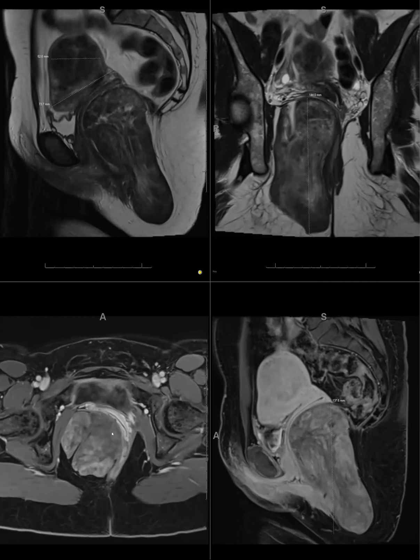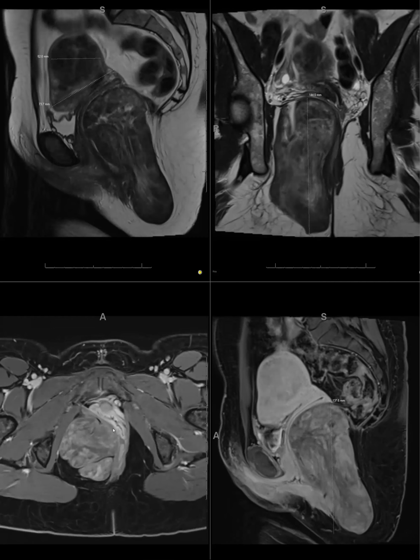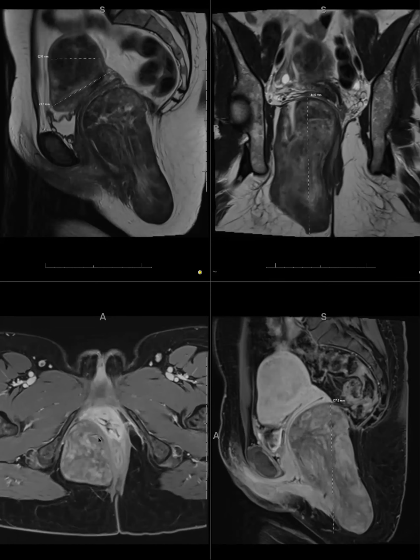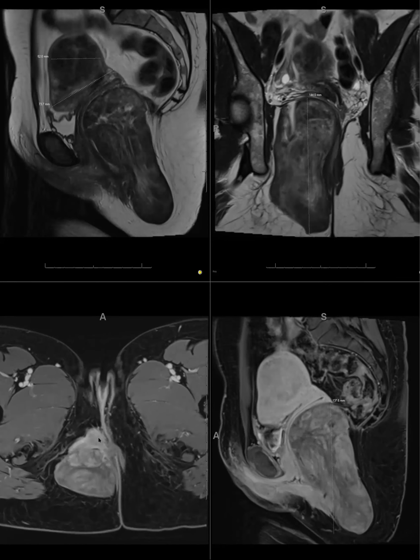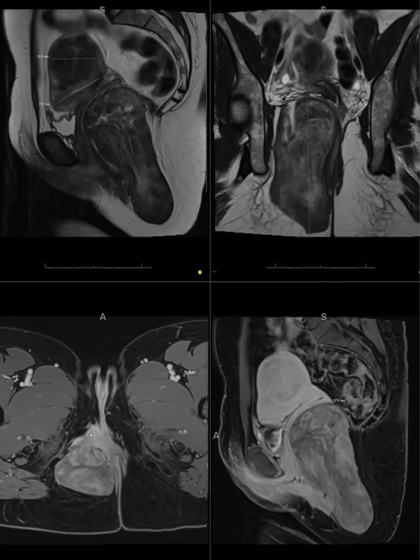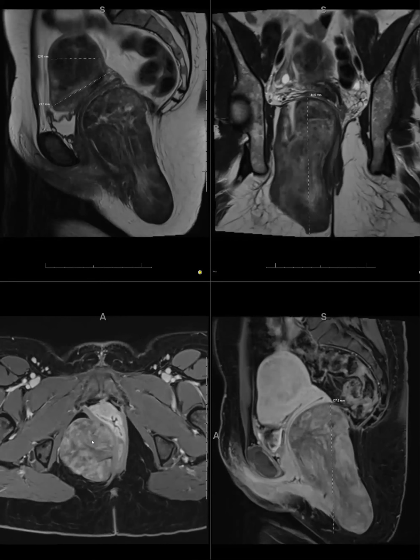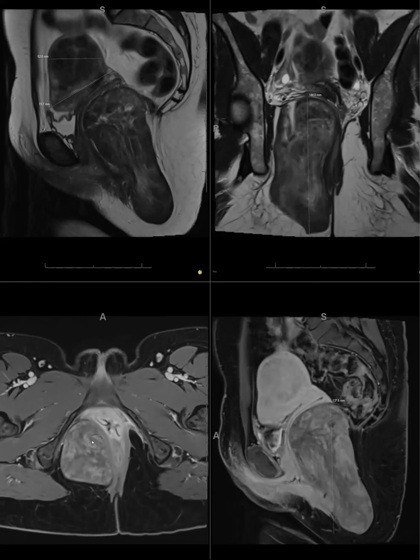They had to take out some of the pelvic floor musculature along with it. There was just too much involvement here on this right side. I don't know that we ever decided exactly what the origin is here. We just kind of said it's central. The central part of it is in the right ischiorectal fossa.